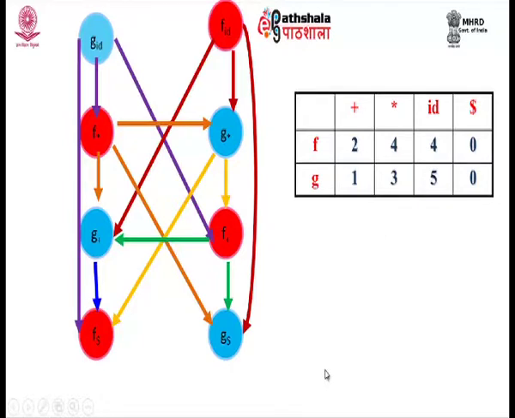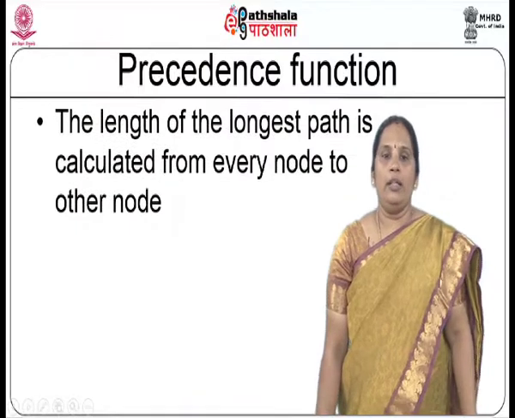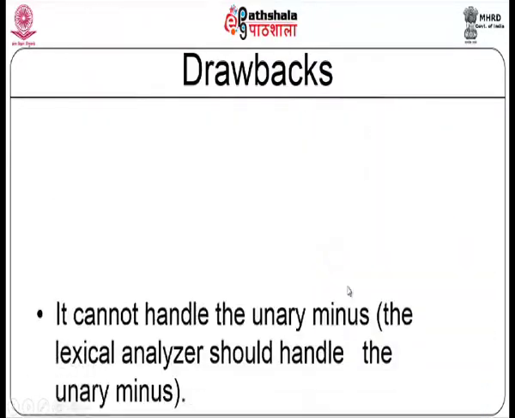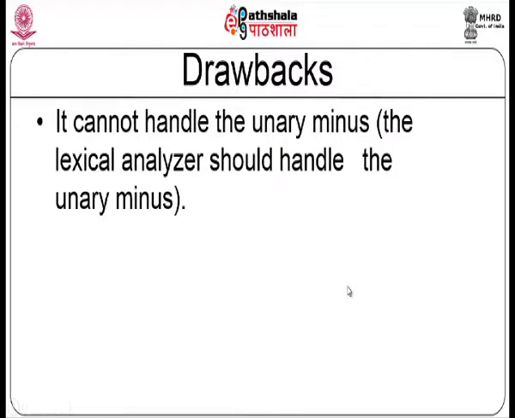So, rather than the precedence table, this is what is shown, FID to F plus and then this path length of 4 for FID. So, the length of the longest path is calculated from every node to other node, and that is stored as a precedence table which is used by the operator precedence parser.